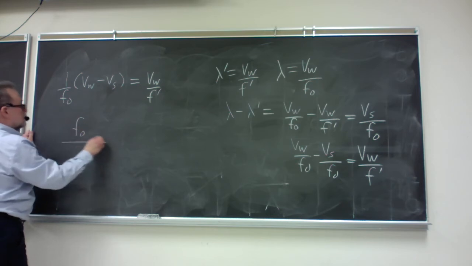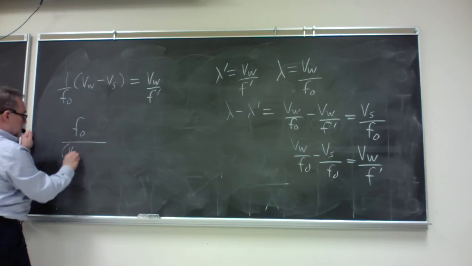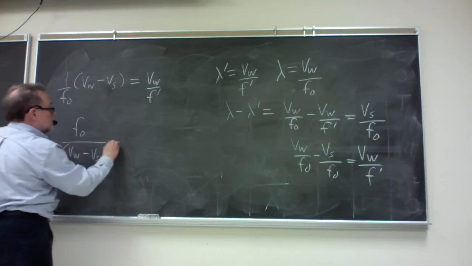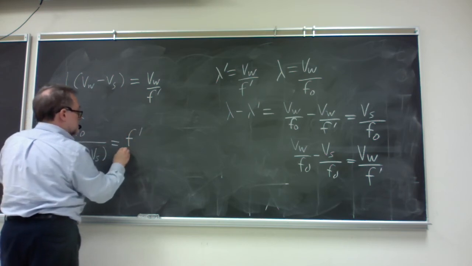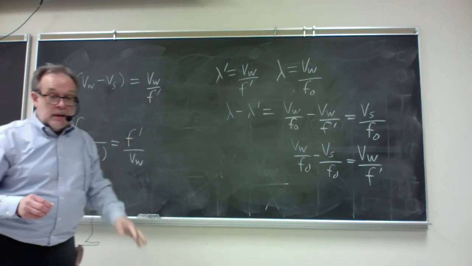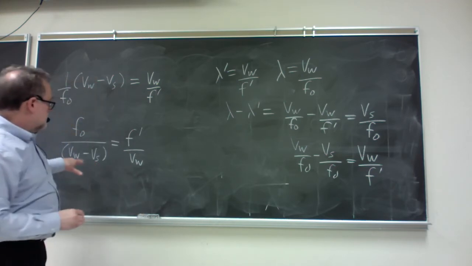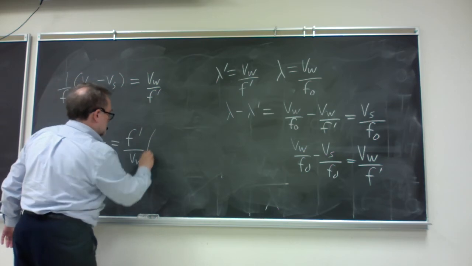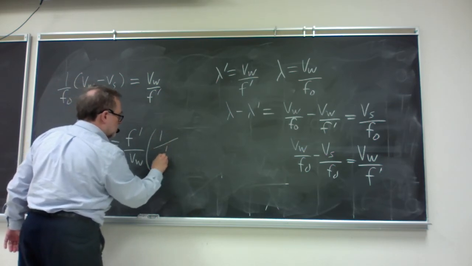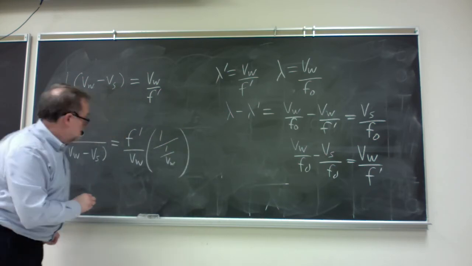f0, this is now f0 over wave speed minus source speed equals perceived frequency over wave speed. And then simplify this by, imagine multiplying both sides of the equation by 1 over V wave.